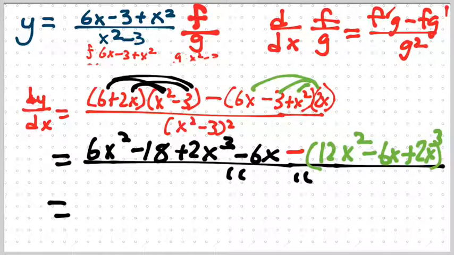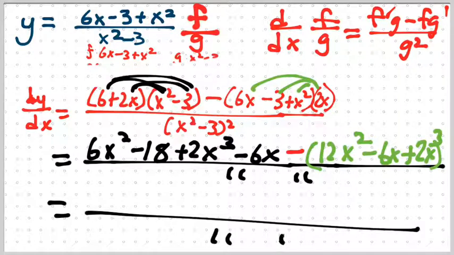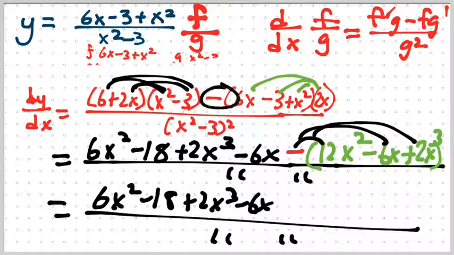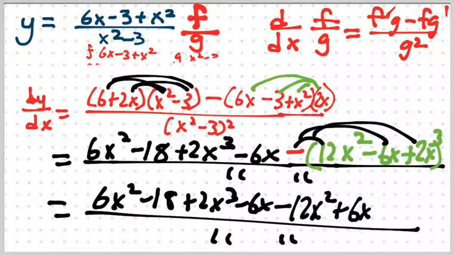Okay, simplifying further, same bottom as before. I have 6x squared minus 18 plus 2x cubed minus 6x. Go and distribute that negative, which came from the quotient rule. That would give us negative 12x squared plus 6x minus 2x cubed.